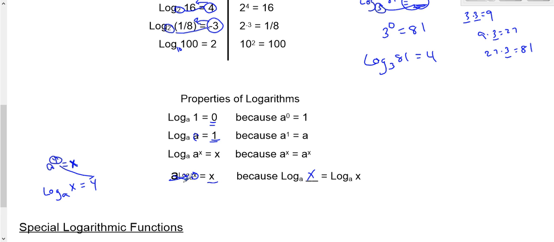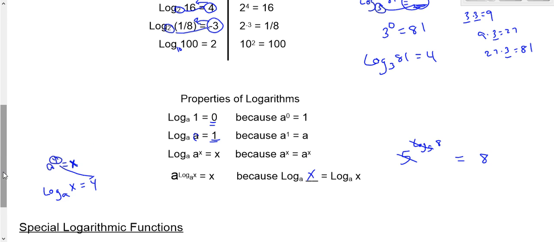Obviously x. So that's why that works. If I say 5 to the log base 5 of 8, the 5 and the log base 5 cancel because those are inverses of each other. And what's left? 8. My answer would be 8.